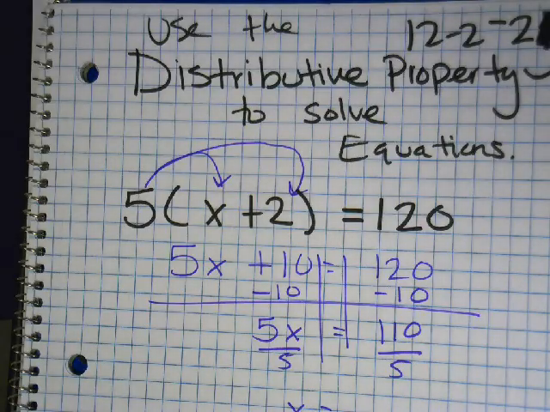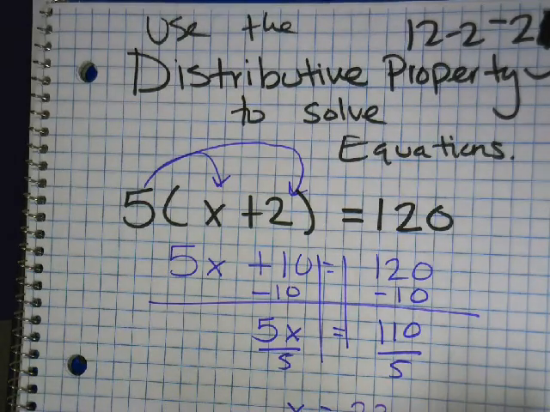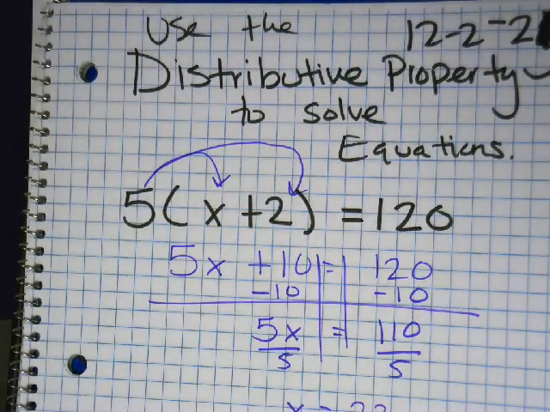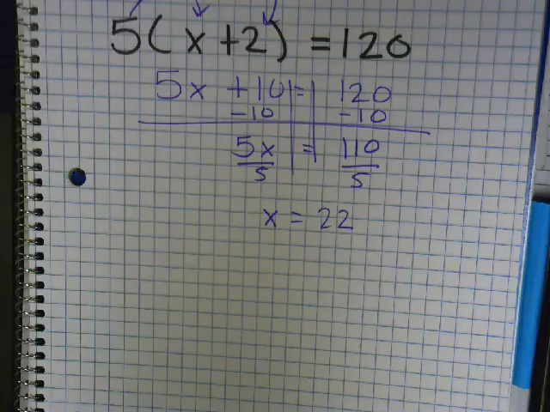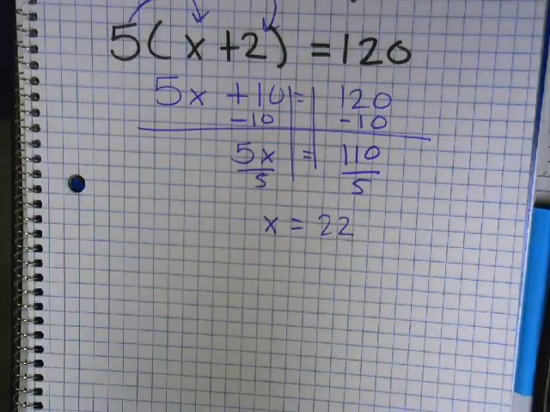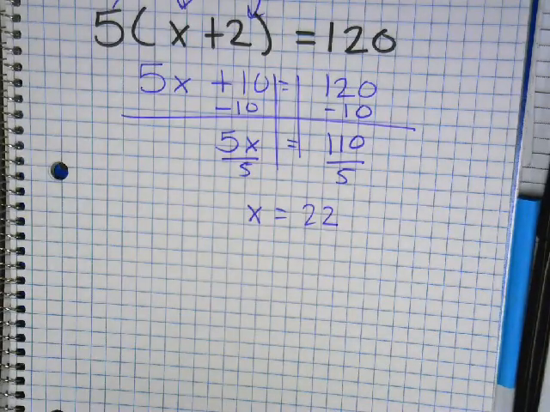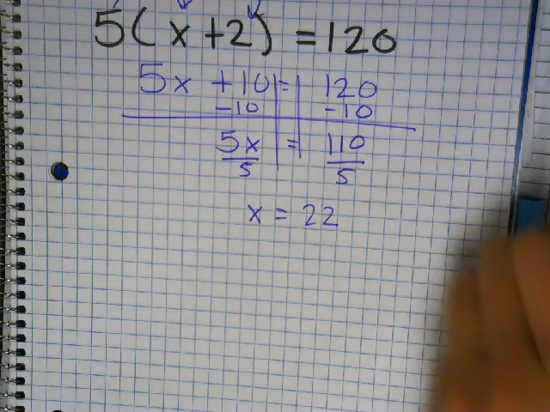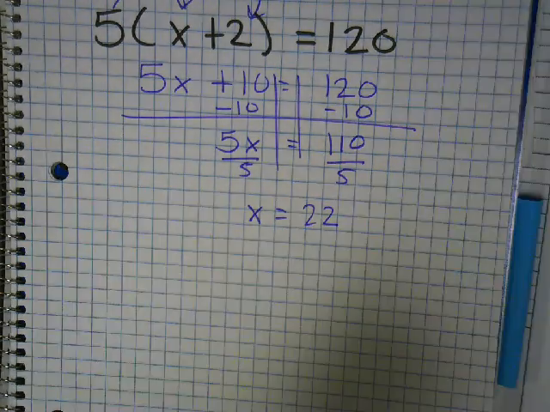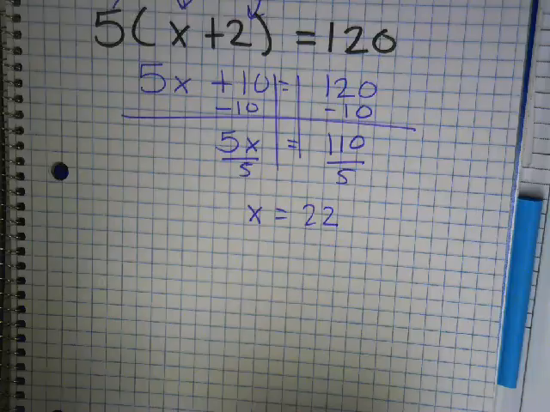And we get 22. Yay. Ta-da! X is 22. Easy? I think it's going to be easier than yesterday. That's just my humble opinion.